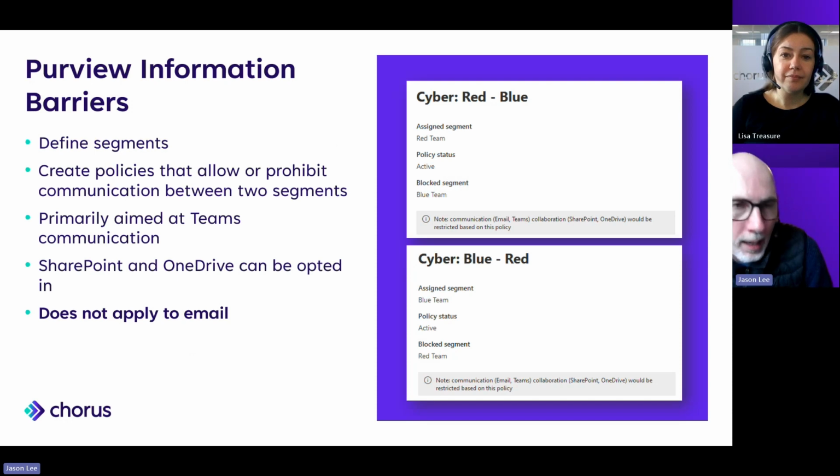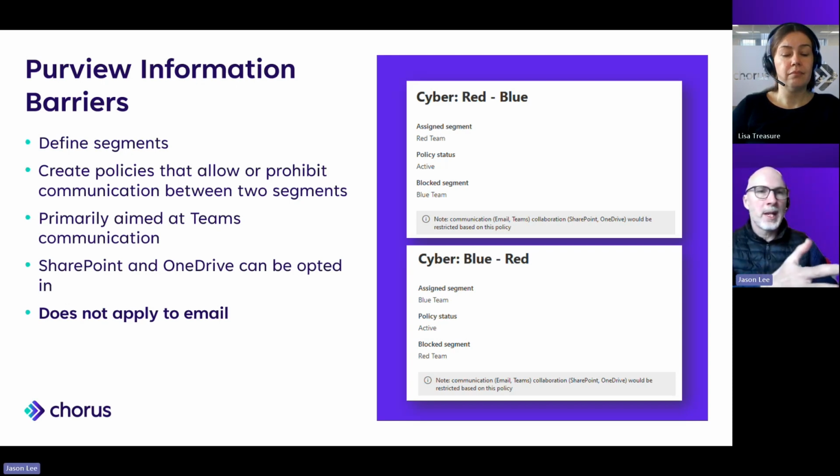The other tool here tends to be less relevant to non-profits. It's more typically relevant to highly regulated industries, particularly finance. Information barriers. This is about setting up simple blocks on communications between different areas of your organization. So you divide your organization up into segments using a fairly broad range of Exchange attributes.